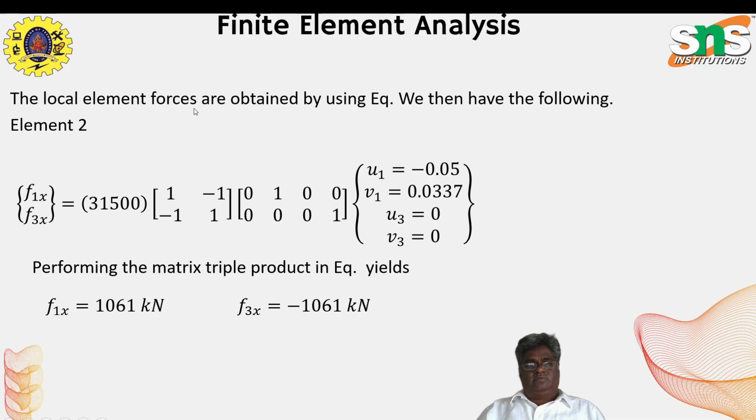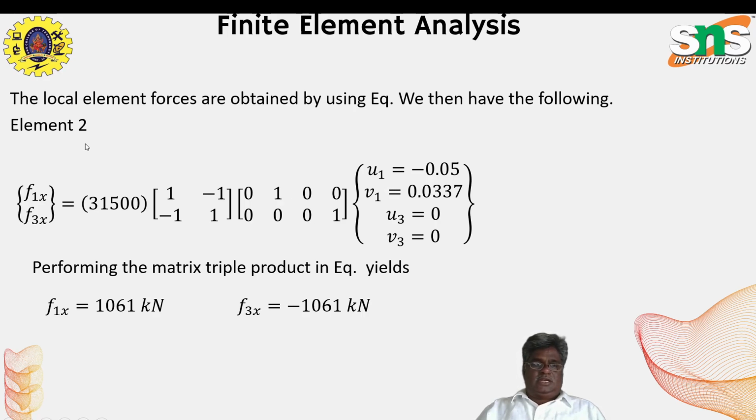Similarly, we have to calculate the axial force in element 2. The local element force is obtained by using the above equation. Following that, substitute the value of AE divided by L, then the row matrix. Here the C value is 0, S value is 1.